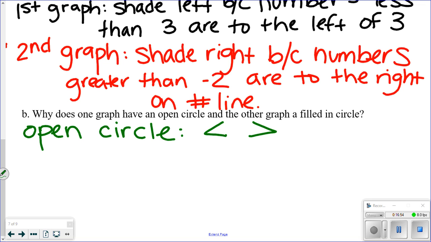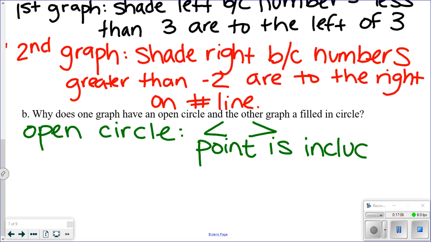We talked a little bit about this in our note sheet. This means that the number is not included. It is not a part of our answer or our solution. We're not equal to it, it's not included.